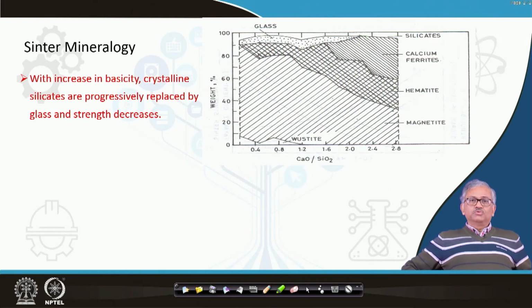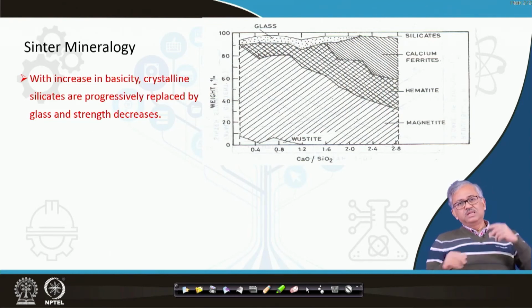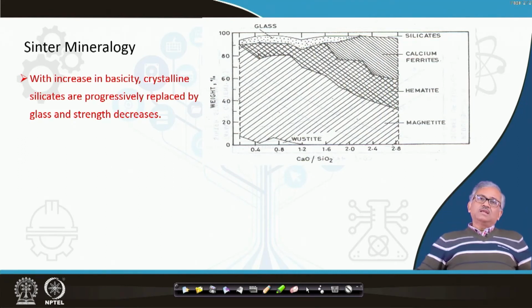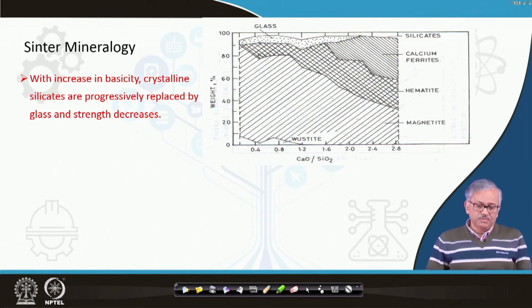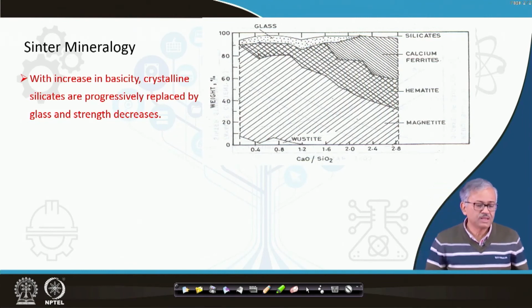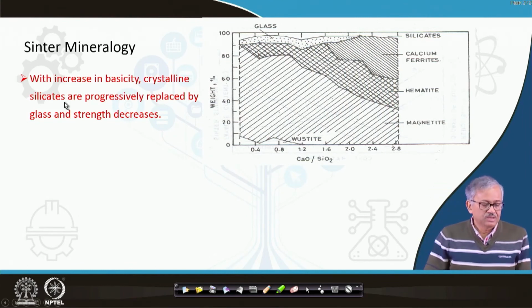But in the case of the acid sinter, when the silicates are basically the agglomerating phase or the bonding phase, in that case you require more coal, more carbon. And if you use more carbon then you cannot retain the hematite in the structure, hematite converts to magnetite and its reducibility decreases.